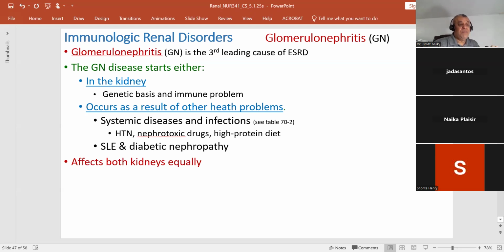It's a disease that usually results from patients who had a genetic predisposition to develop this disease. Or maybe, I'm sorry, I'm referring to the disease as an immunologic disease, not genetic. Sorry, it's an immunologic disease.